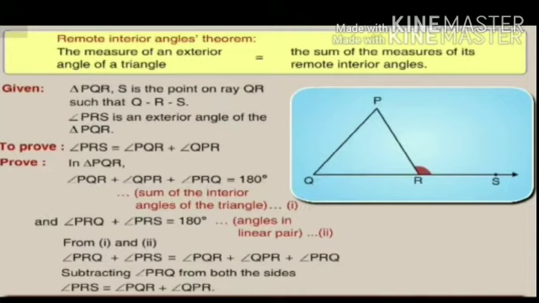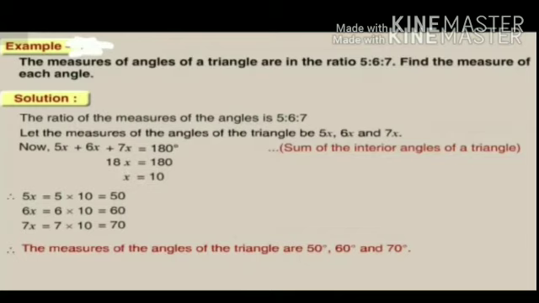Now let us see some examples based on these properties. The first example: the measures of the angles of a triangle are in the ratio 5:6:7. Find the measure of each angle. Now here's the solution. The ratio of the measures of the angles is 5:6:7. Let the measures of the angles of the triangle be 5x, 6x and 7x. Now we know that the sum of all the angles of a triangle is 180 degree.